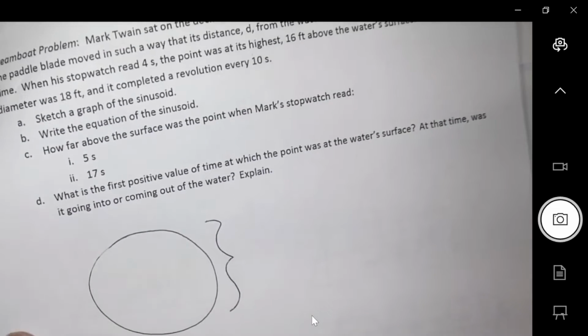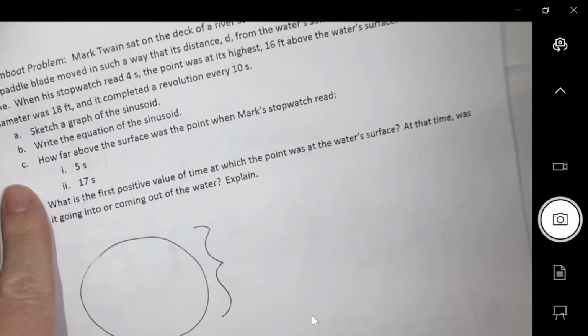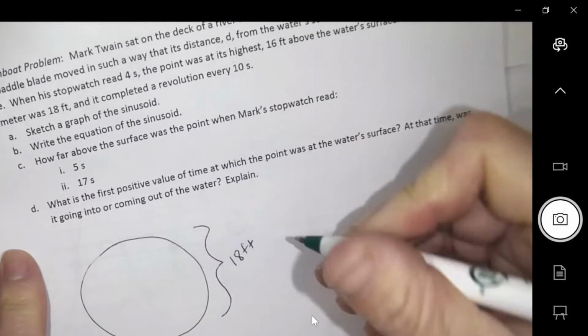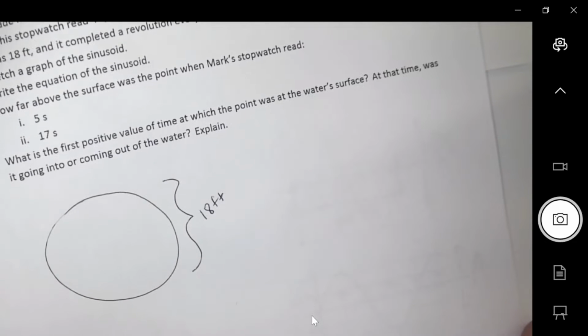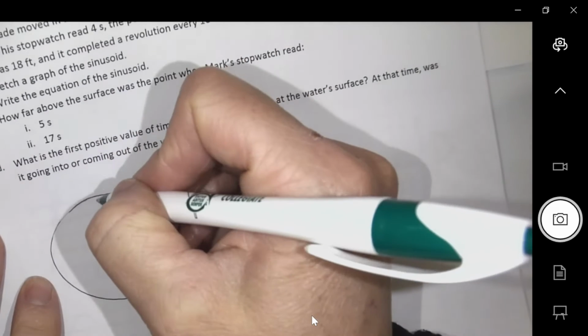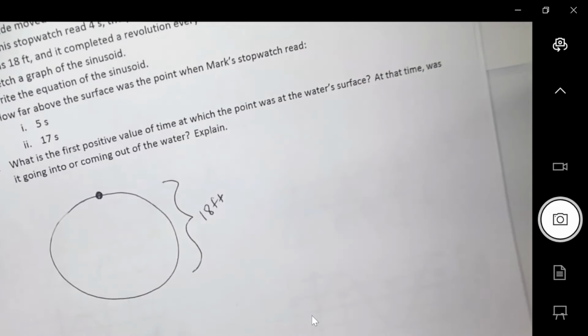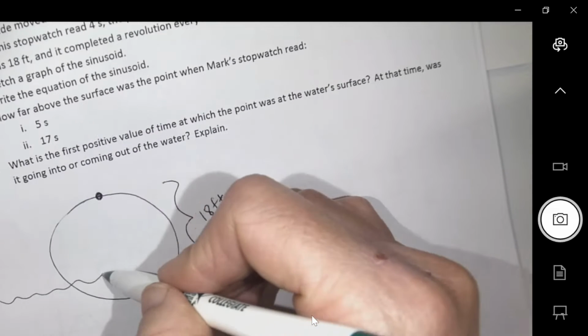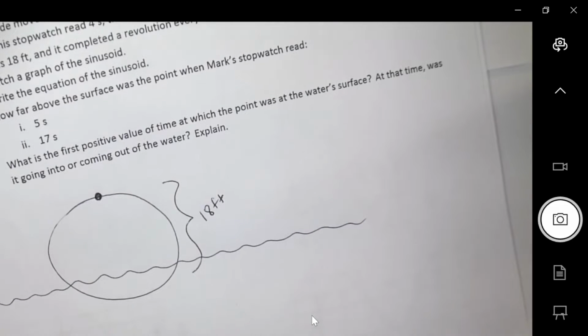Okay, so here's what I know. The wheel has a diameter of 18 feet. I know that the diameter means from the highest to the lowest, that's 18 away. When the paddle was at the top, it was 16 feet above the water surface. So what do you know about the blade? Some of the wheel of the paddle boat will be in the water.